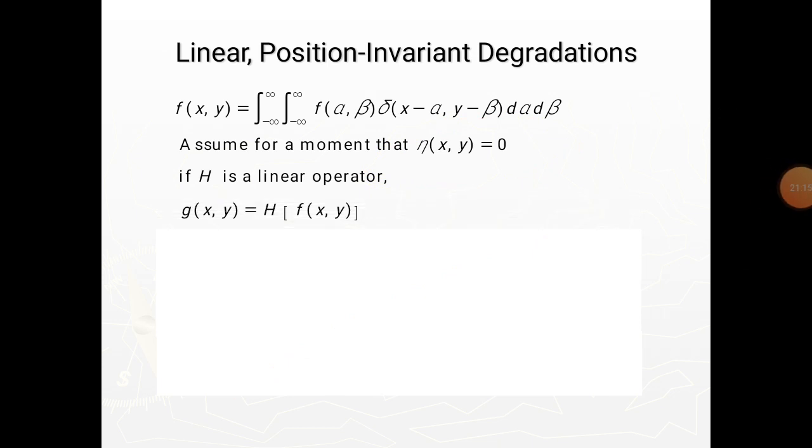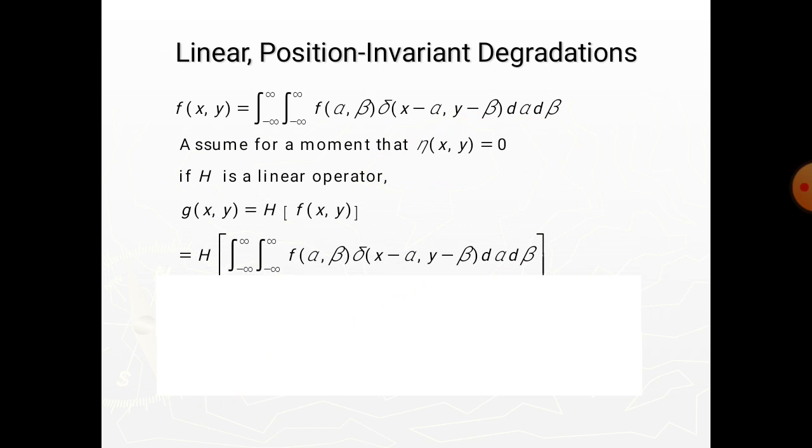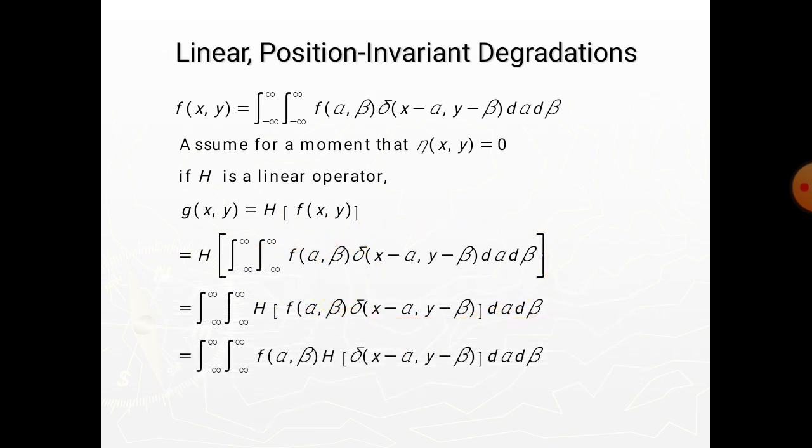So g of x,y is equal to H of f of x,y, which is H of the double integral from minus infinity to infinity of f of alpha, beta. Finally, we get this equation.